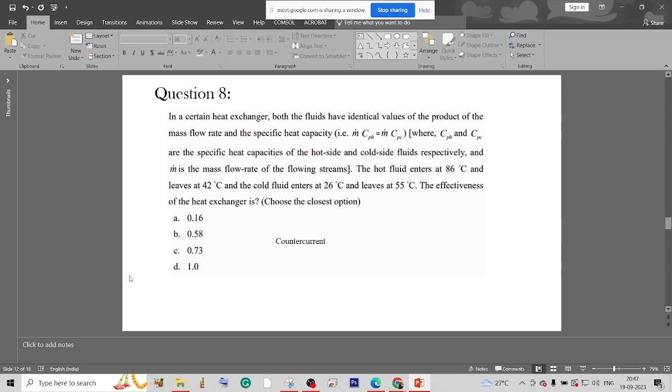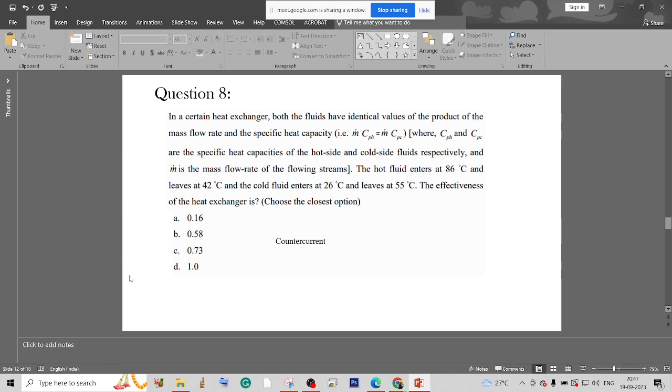Now the hot fluid enters at 86 degrees Celsius and leaves at 40 degrees Celsius, and the cold fluid enters at 26 and leaves at 55. Assume counter current. Actually, when specific heat capacities are constant for both hot and cold fluid, it doesn't matter whether it is counter current flow or co-current flow, right? Though it is mentioned here that it is counter current flow.